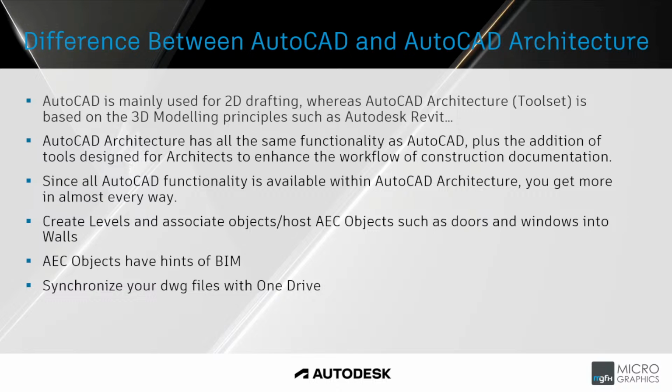Some consider projects created in AutoCAD Architecture to be BIM, but it requires strict drafting and CAD management standards. You can also synchronize your DWG files with OneDrive as an additional feature within AutoCAD on the ribbon.